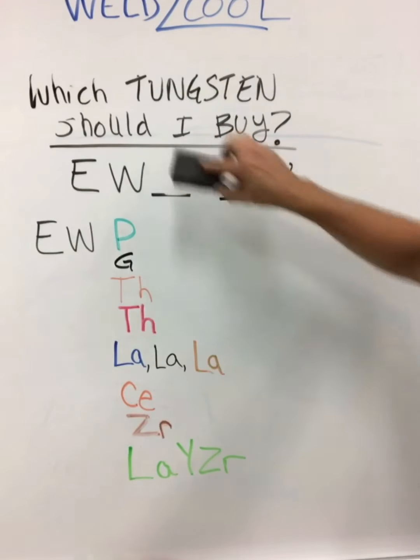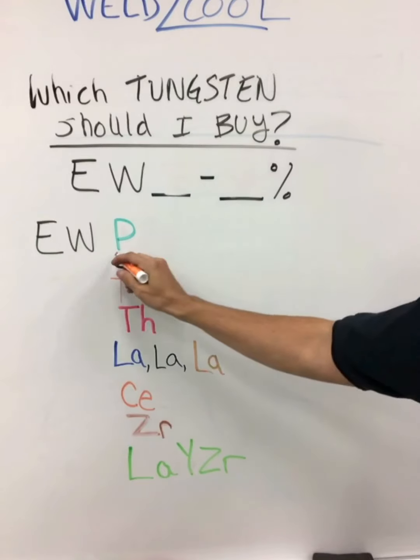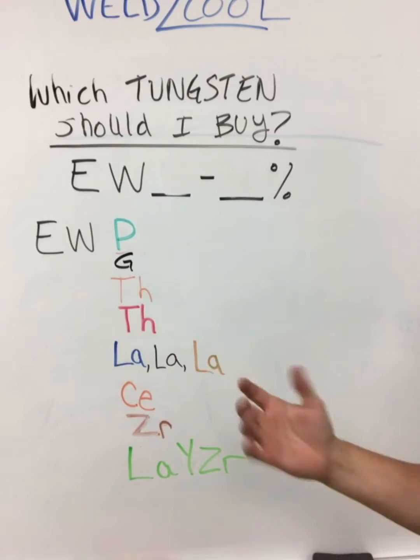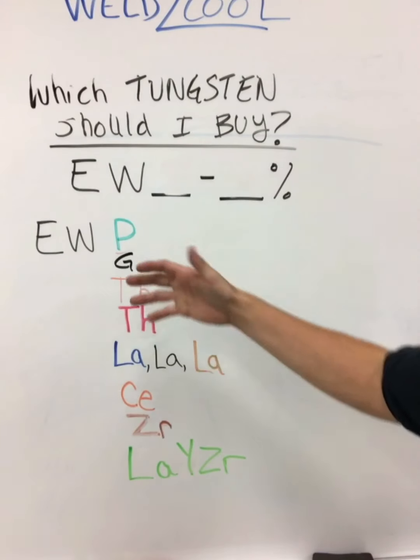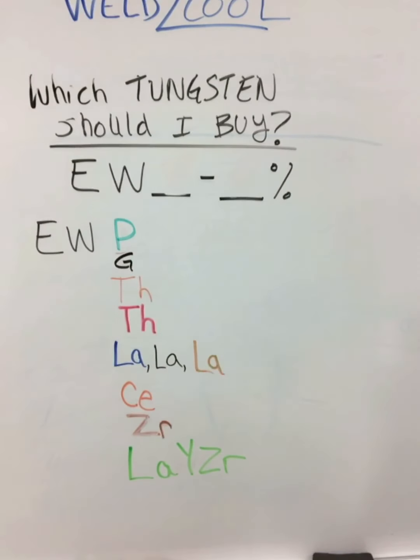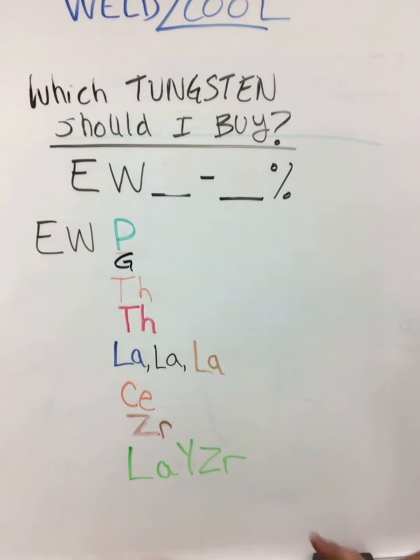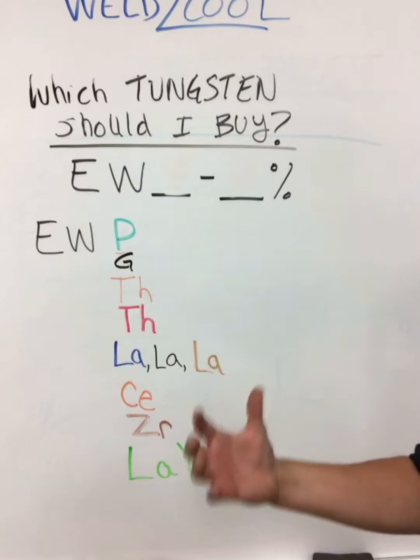Okay, so we have what we call the pure tungsten. That is 99.9% pure tungsten, and that's the green one. It's not something that people typically choose anymore. It's not as good. It's not going to last as long as these other tungsten options out there. Really, the difference is that the rest of these are combined with an oxide.